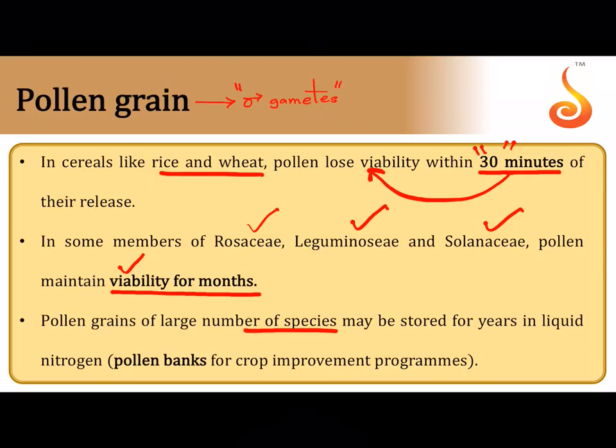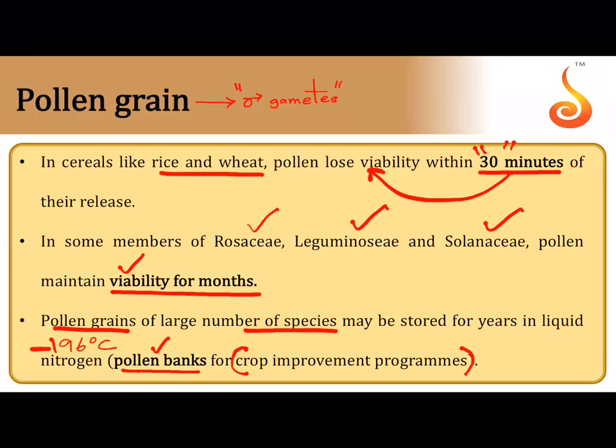Pollen grain of a large number of species nowadays is preserved in liquid nitrogen at minus 196 degrees centigrade, and these establishments where pollen grain is stored for future use in liquid nitrogen indefinitely are referred to as pollen banks. They are used in crop improvement programs.